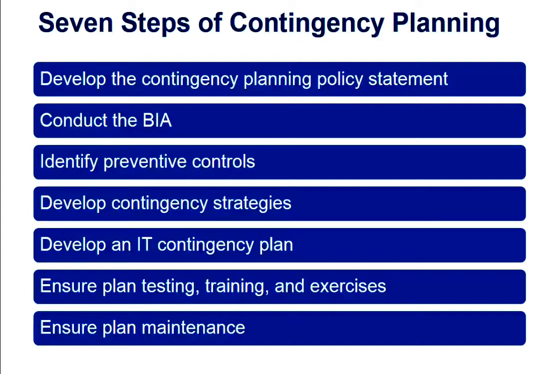In other words, you want to go back and look at your plan, and as you develop a risk assessment throughout the process of the organization and identify vulnerabilities and threats, your contingency plan may actually change some. When it says ensure plan maintenance, you don't want it to be locked into one thing.